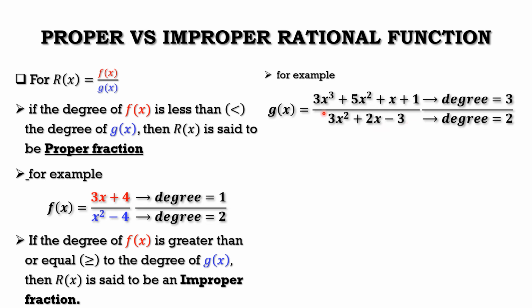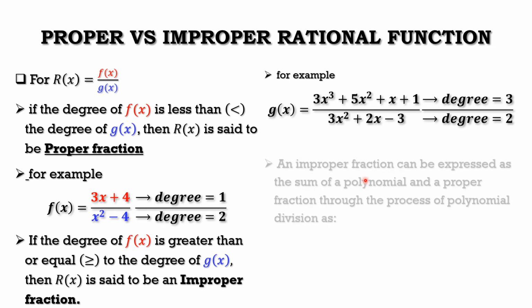Why? Because the highest power of the variable, the independent variable x, is 2. So it means that the degree of the numerator is greater than the degree of the denominator. As such, this particular rational function becomes an improper fraction.